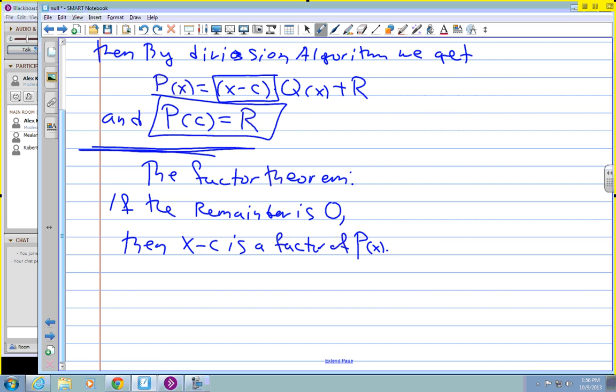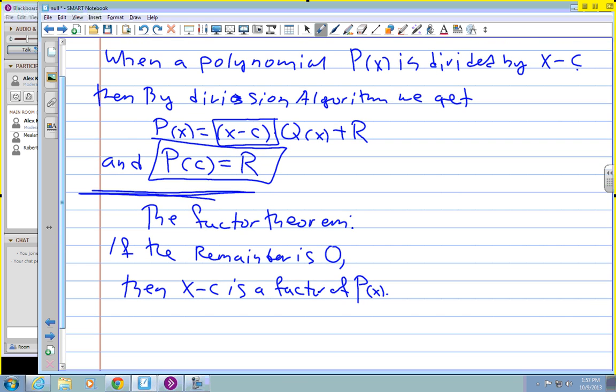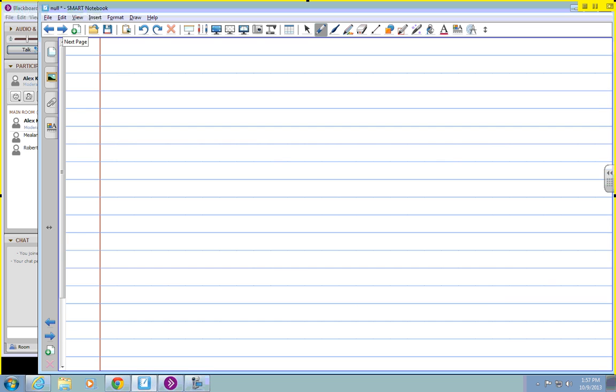Okay, so let me just do a few examples of when we actually use these theorems. Because we're going to try to take polynomials that look something like that. For example, x to the power 4 minus 6x cubed plus 2x squared minus 4x minus 3.